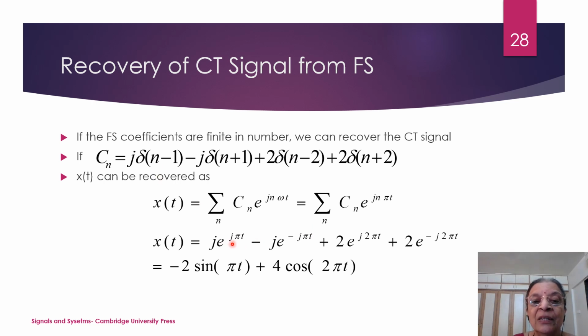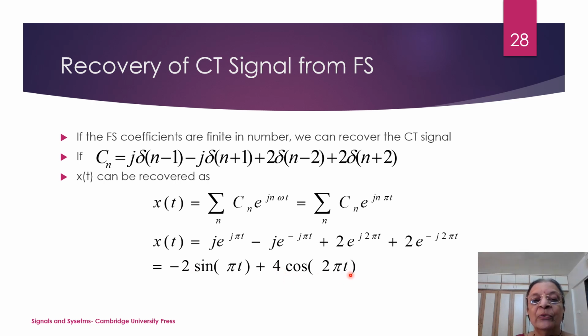Now if you combine these two, e raised to j pi t minus e raised to minus j pi t, it will be 2j sin pi t, and j into j multiplied will become minus, so this will be a sine component. For the other pair, 2 will multiply by this 2, so it will become 4, not j. Here j will not appear because it is a cosine component rather than sine. So it will be 4 cos of 2 pi t.